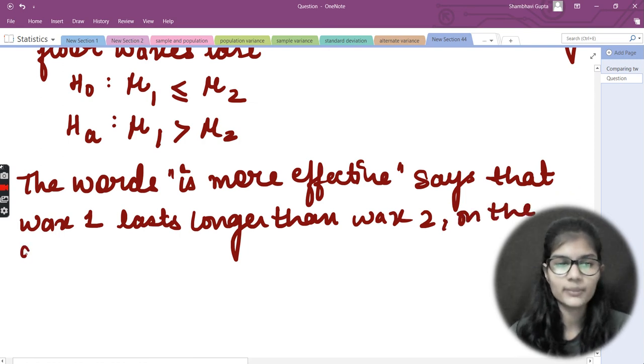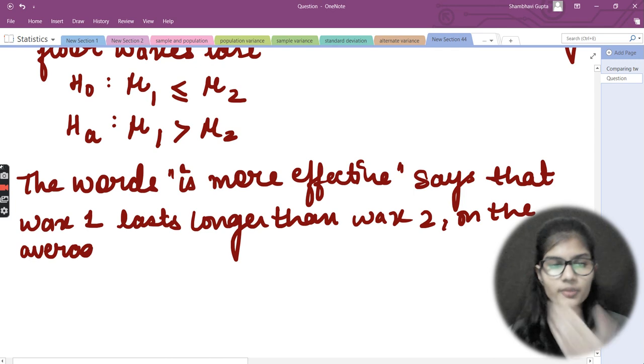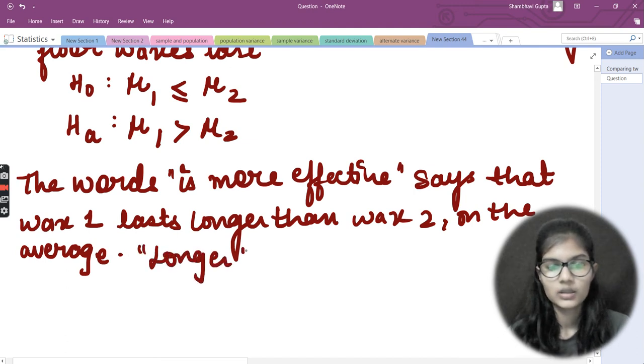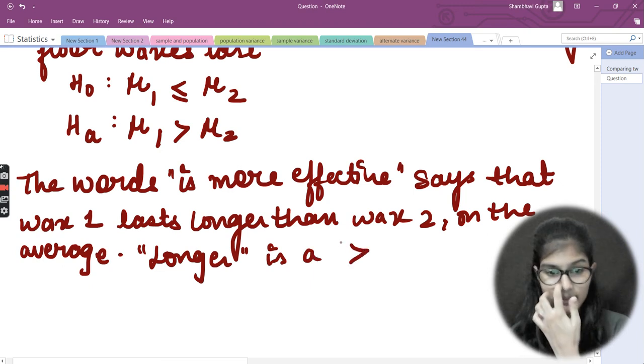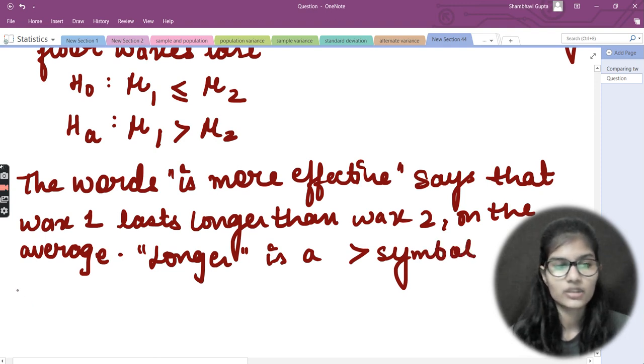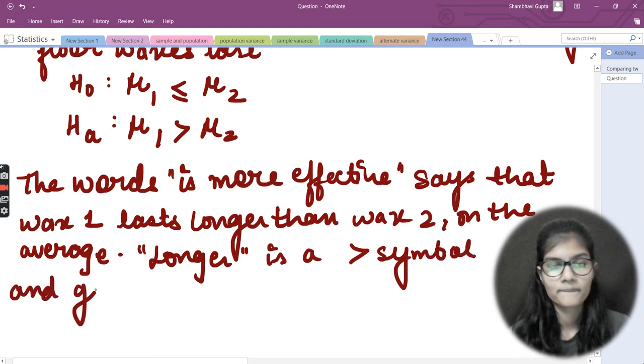On the average, we are not completely satisfying because we need to find out this particular thing, but on the average we can put out this particular thing, that on the average, full stop. After that, longer is a greater symbol and goes to HA.